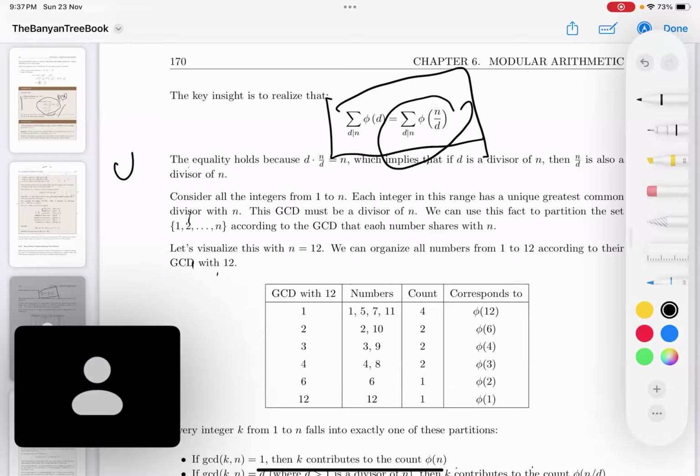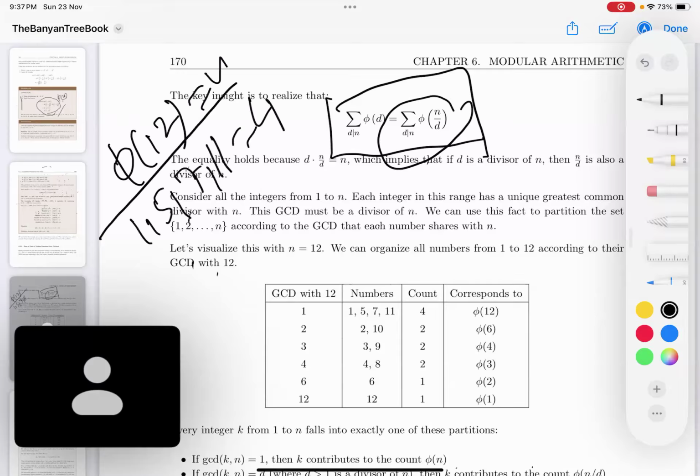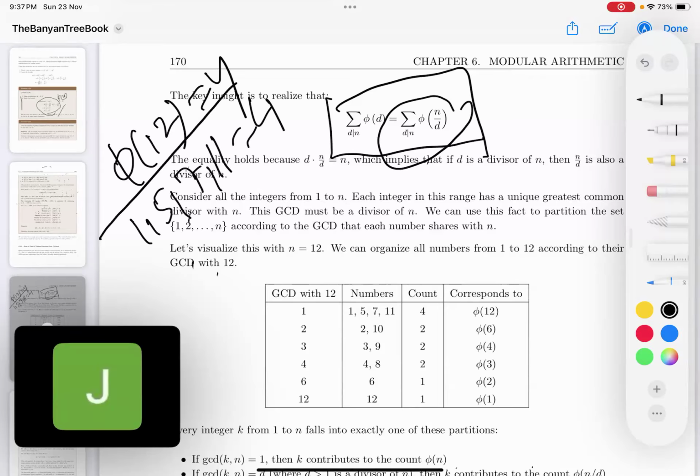Now let's look at this. Phi of 12, let's assume. Phi of 12 we already saw, it is 1, 5, 7, 11, which means 4. So phi of 12 is 4. Now each of these numbers has a GCD of 1 with 12.